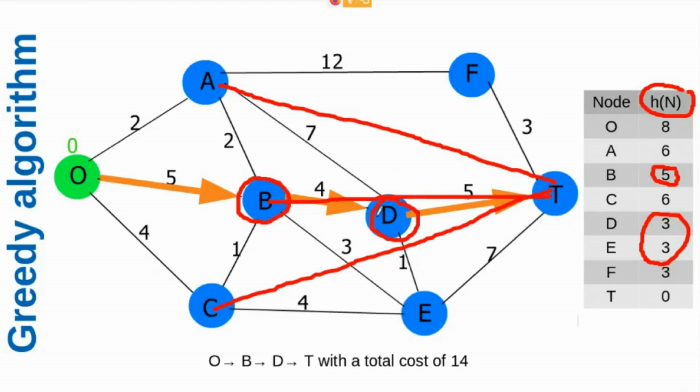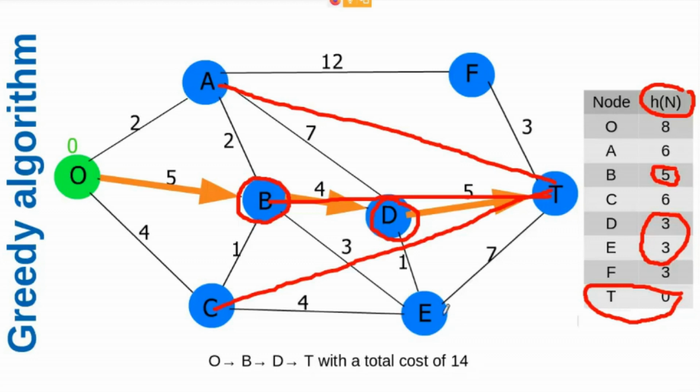Then we consider again the neighbors of D, and because one neighbor of D is T, the target has the minimum value possible, that is 0, because the cost of going from the target to the target is 0. It has a heuristic of 0. So that's why the greedy algorithm results in this list of waypoints O, B, D, and T with a total cost of 14.